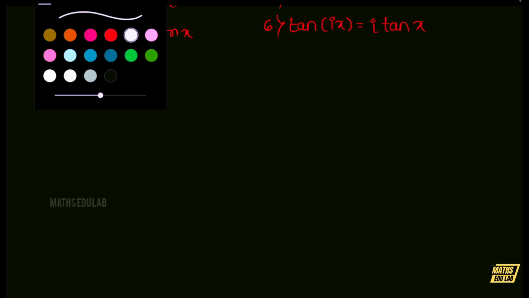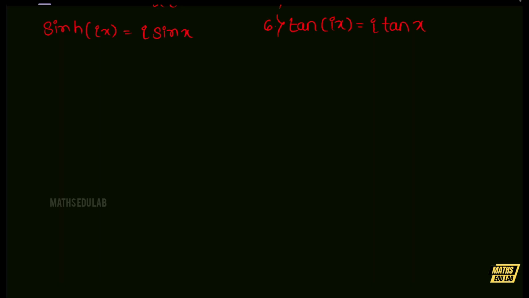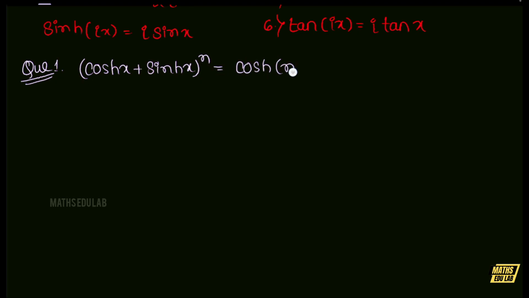So if we write the question first, the first one is: given (cosh x + sinh x)^n will be equal to cosh nx + sinh nx.